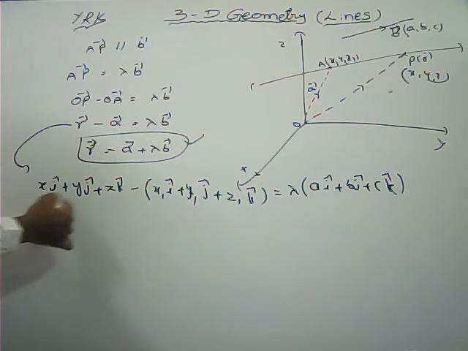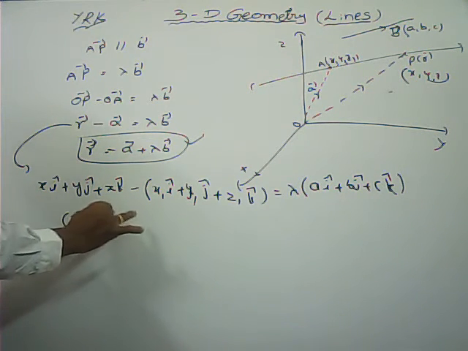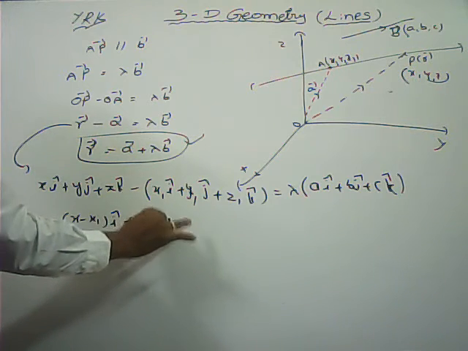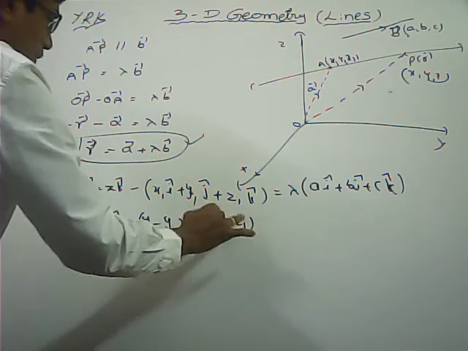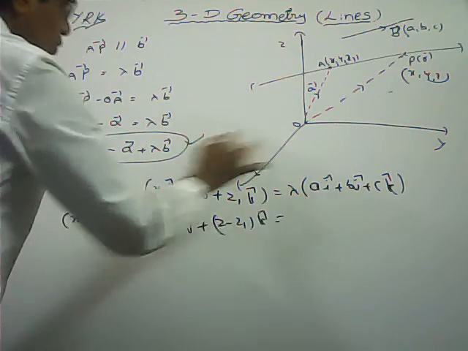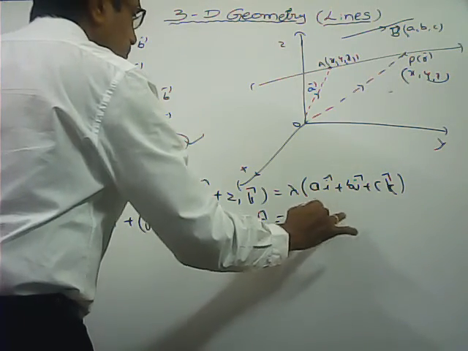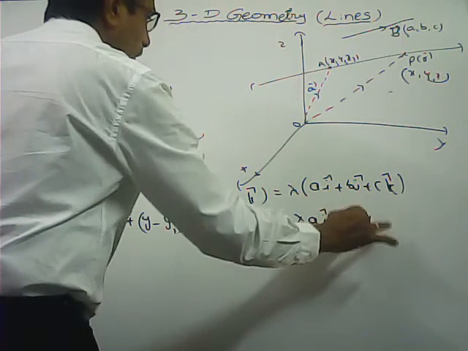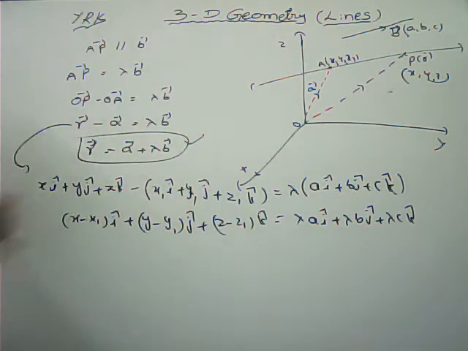Now how to subtract this one? x minus x1 into i cap plus y minus y1 into j cap plus z minus z1 into k cap is equal to lambda a i cap plus lambda b j cap plus lambda c k cap. Here these two vectors are equal, meaning equating the i cap coefficients, j cap coefficients and k cap coefficients.